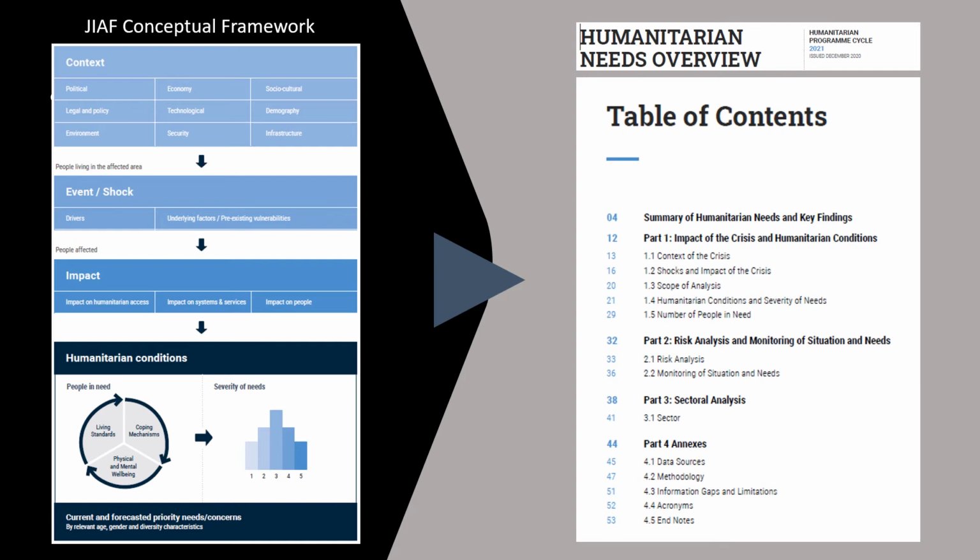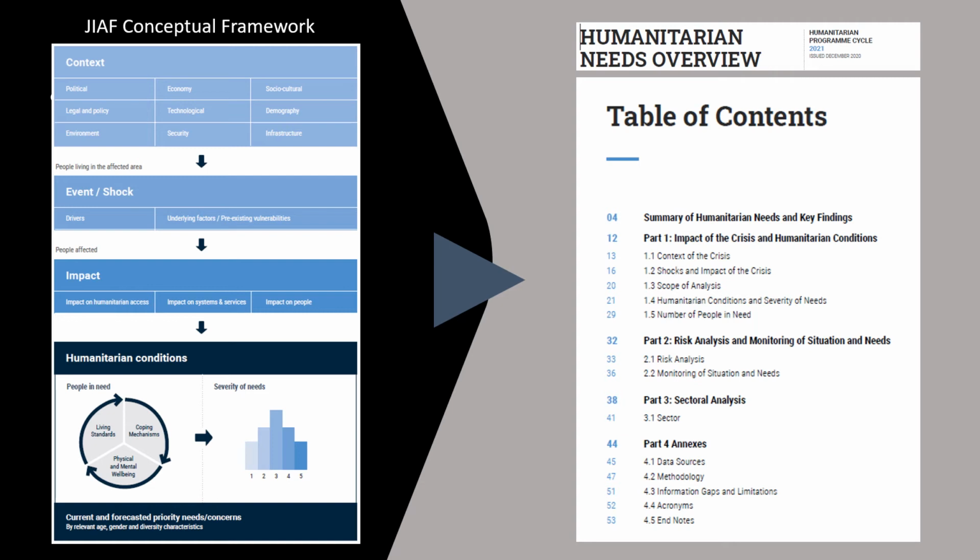The two key functions of the analysis of these first three pillars are to set in the JIAF and define in the H&O the scope of analysis. The other main function is to enrich the analysis and influence the final conclusions of the H&O in terms of severity, PiN and projections.